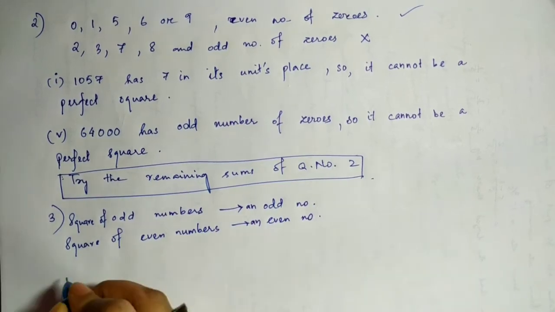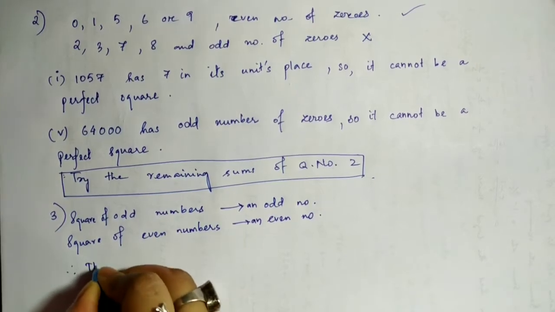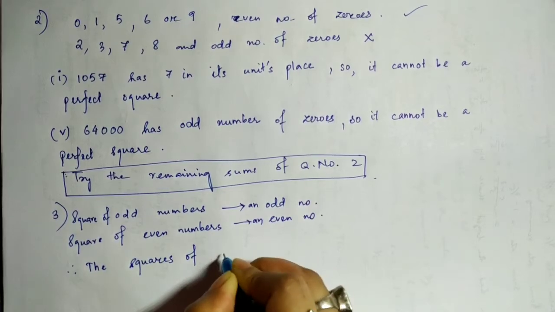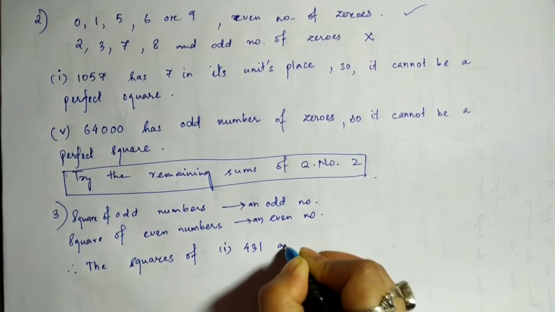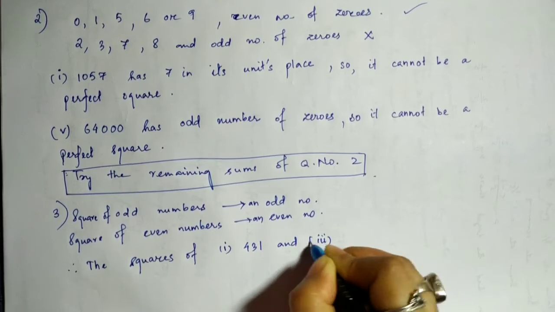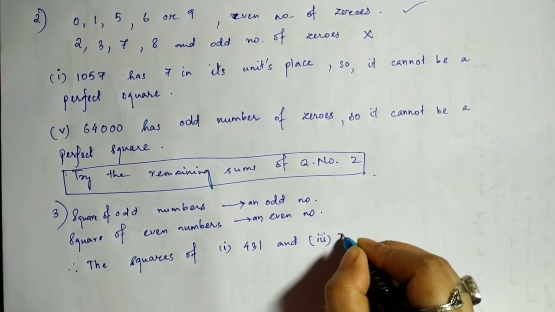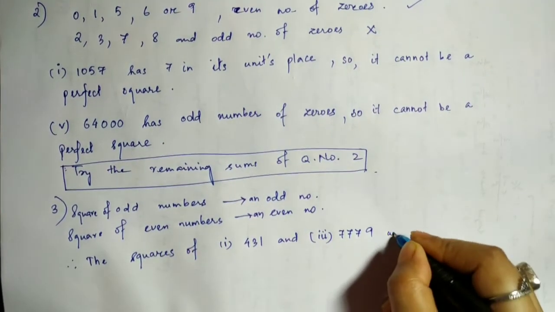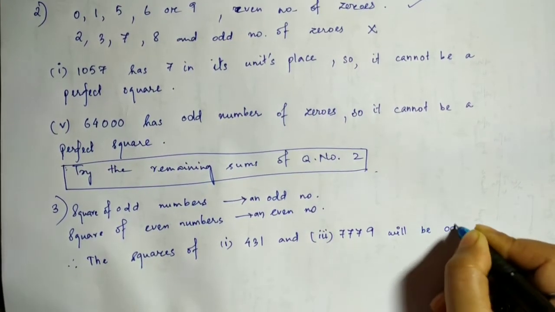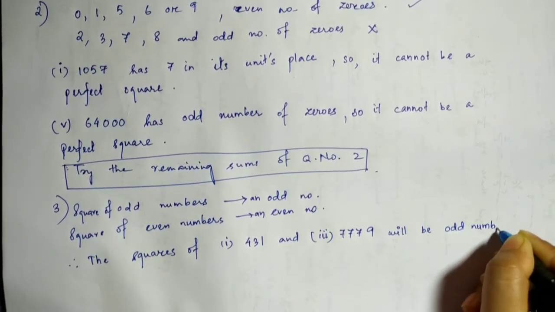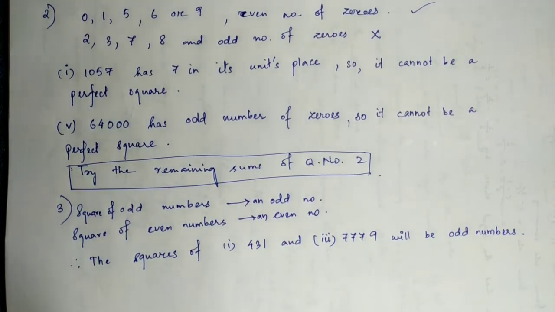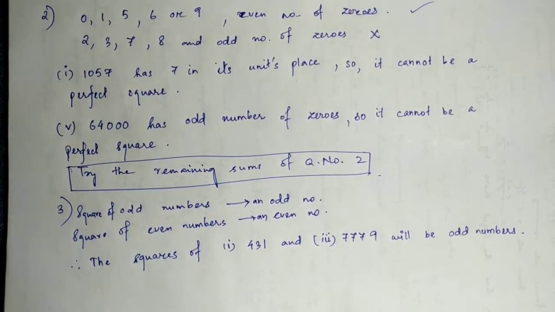So obviously I can write, therefore, the squares of 431 and 7779 will be odd numbers. That's it. Now if even numbers are given and they ask which squares give even numbers, then you will choose the even ones.